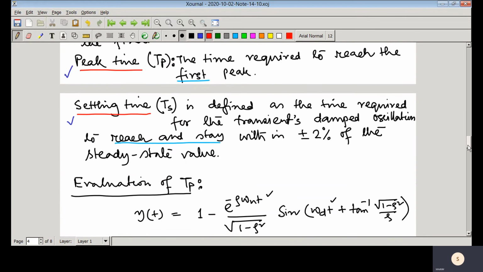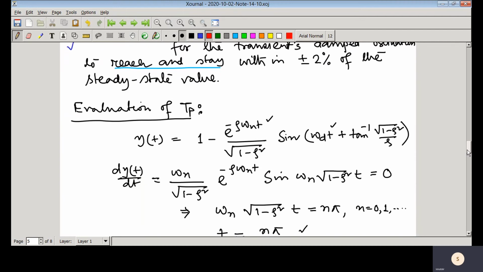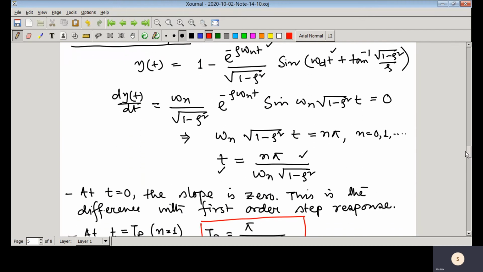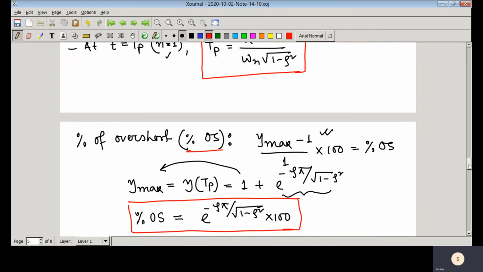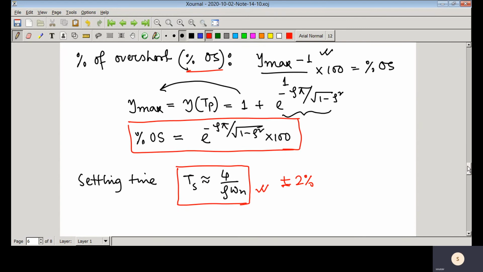So whenever you are asked to find the settling time, the considered band is important, whether plus minus 2% or plus minus 5%. Here I have given you the settling time TS, 4 by zeta omega n, for the plus minus 2% band.